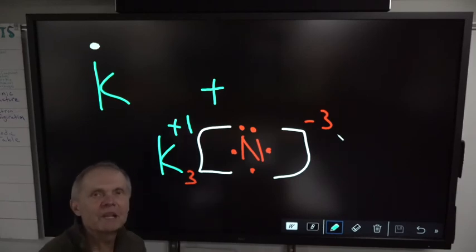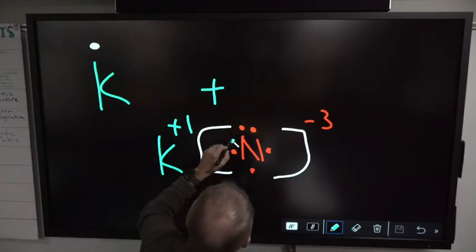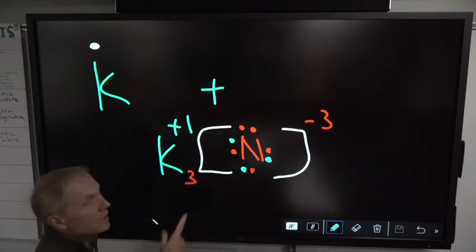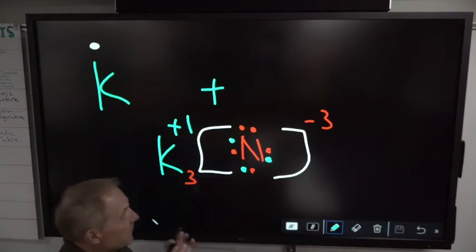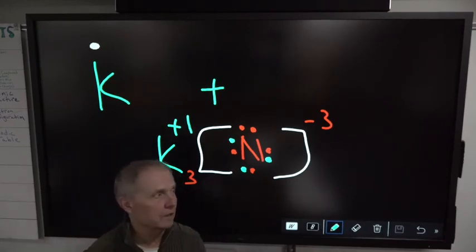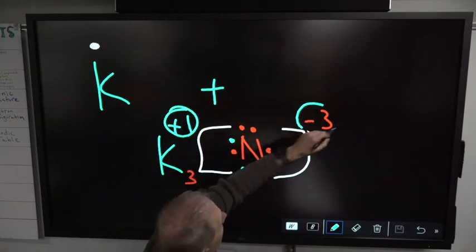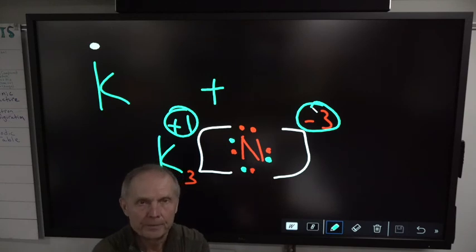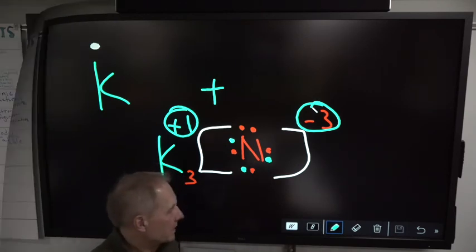Each potassium gives away 1, which means it gives away a total of 3: 1, 2, 3. And that's how it works, and there's your stable octet. So don't forget, before you do the electron dot diagram, if the oxidation states don't equal 0, you must crisscross them. Okay? So this is the first type of ionic bond.